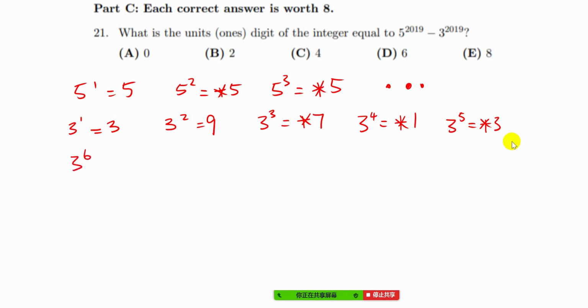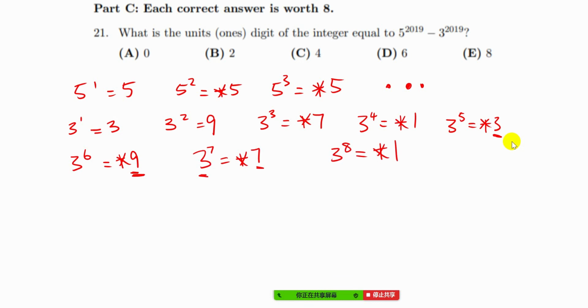3 to the power of 6 equals something 9, because 3 times 3 would give us a ones digit of 9 still. And then 3 to the power of 7 would be something 7, because 9 times 3 would have a ones digit of 7. And then 3 to the power of 8 would be something 1.